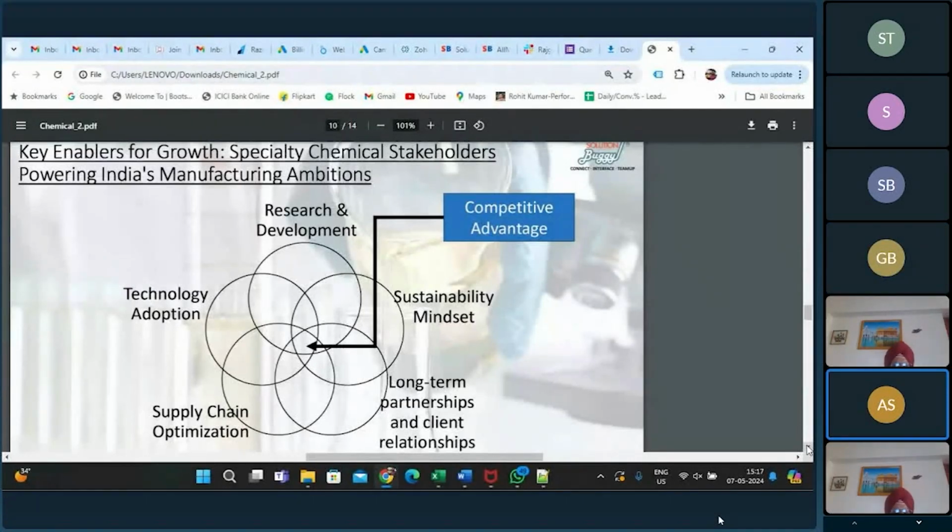It can also mean developing a specialty chemical which is absolutely environmentally friendly and will not cause any damage to the environment, or which is a plant product, or absolutely biodegradable. Those kinds of ingredients can be used, or can replace hazardous chemicals. So that is one aspect of sustainability.